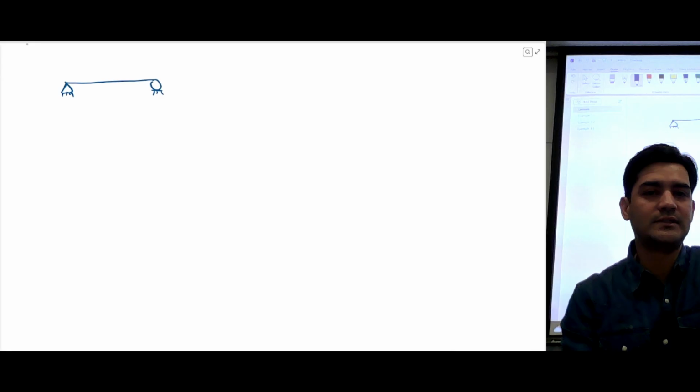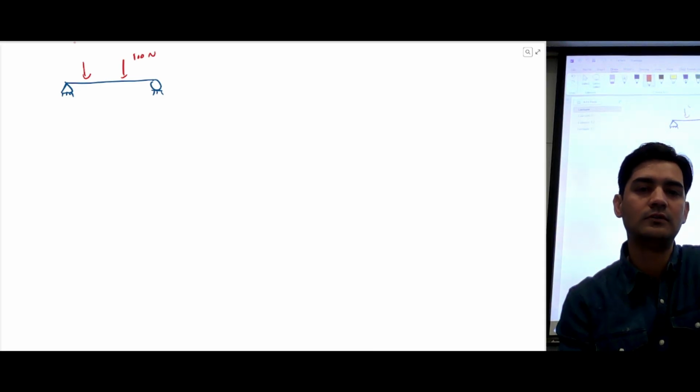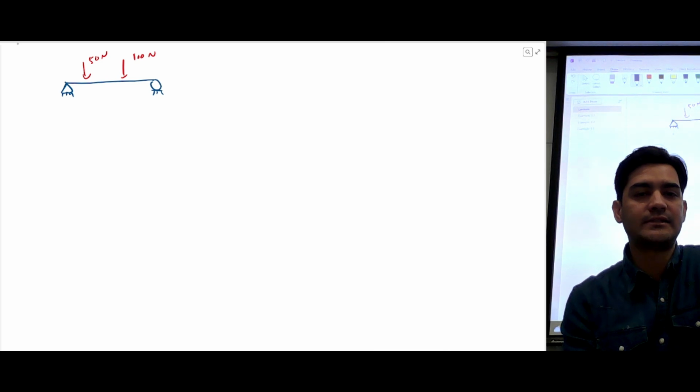So to make it more clear, we can draw a simply supported beam. If this is a simply supported beam and you have some external loads, let's just say this is 100 Newton, this is 50 Newton. In this case, the reaction loads would be this.